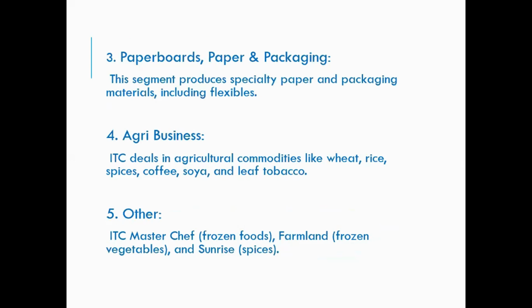Paperboards and paper packaging. This segment produces specialty paper and packaging material, including flexibles. Agricultural business. ITC deals in agricultural commodities like wheat, rice, spices, coffee, soya, and leaf tobacco.